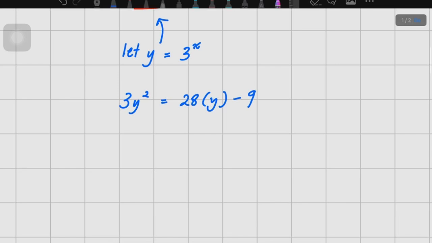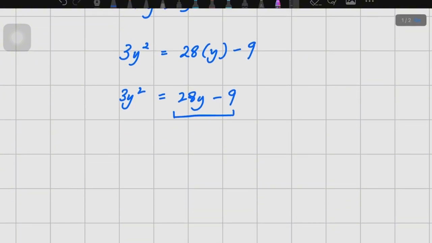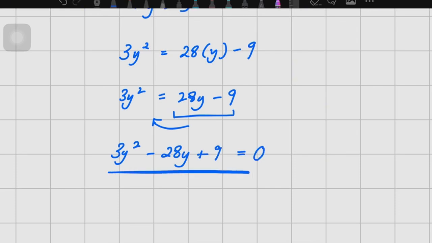So it will be 3y squared equals to 28y minus 9. So move this over, it will be 3y squared minus 28y plus 9 equals to 0. So this is a quadratic equation.